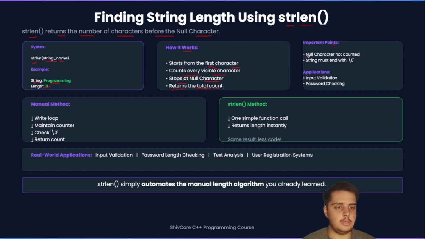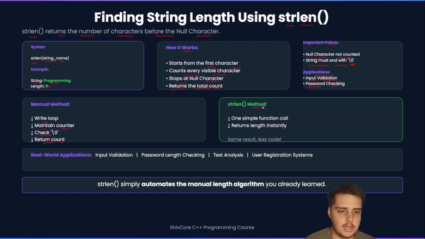The important points are that the null character is not counted, and the string must end with null, which is the backslash zero, the last value of the string. Applications are input validation and password checking. The manual method is to write a loop, maintain a counter, check for the null character and return the count.